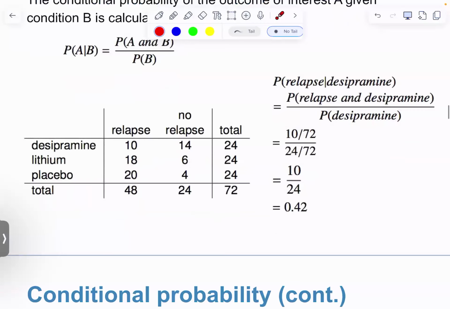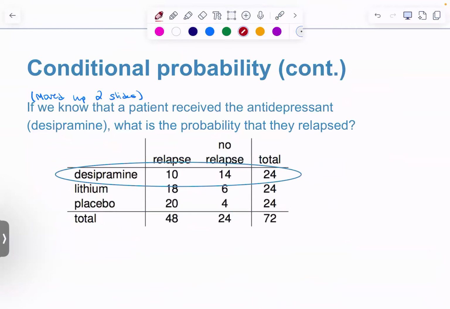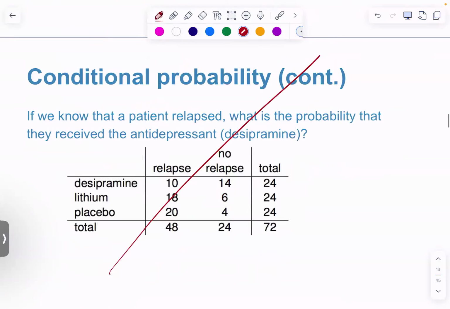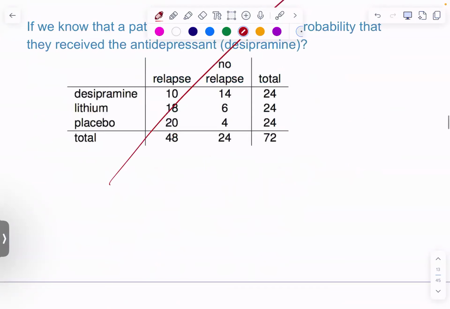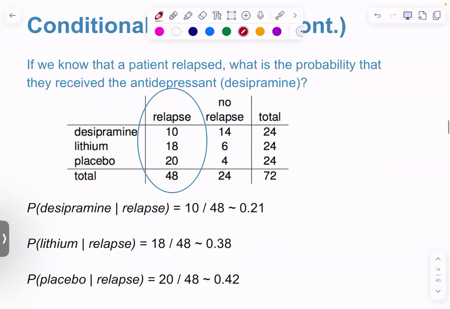Okay. And then this slide, we just did it. You can do the same across the three groups, right? Oh no, they're looking at the probability of relapse.